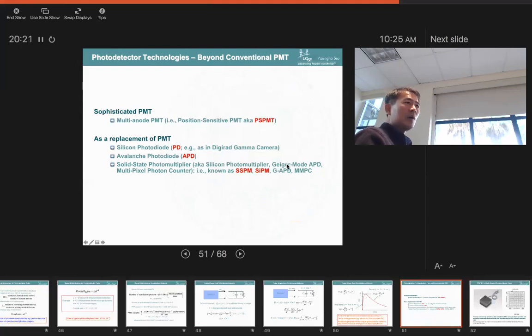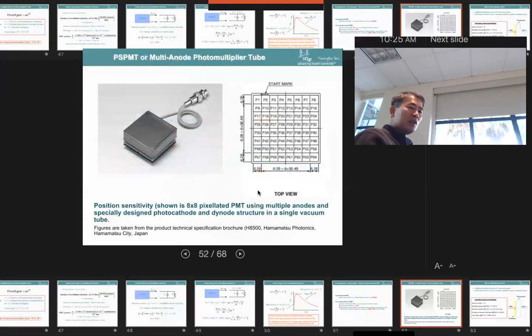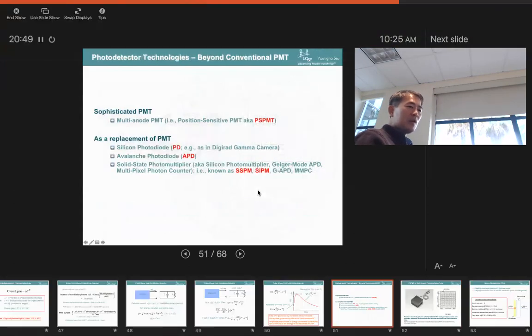Some people say our product is Geiger mode APD. These are all the same thing in terms of technology. Or some say that our device is called multi-pixel photon counter, MPPC. Anyhow, in the scientific community, we typically say SSPM or SiPM, silicon photomultiplier or solid state photomultiplier; these are much more common names that we prefer to use for this technology.